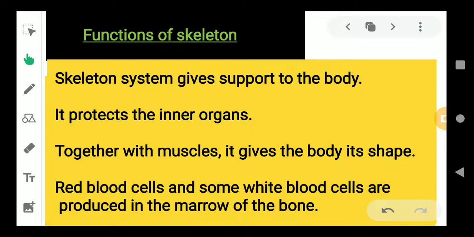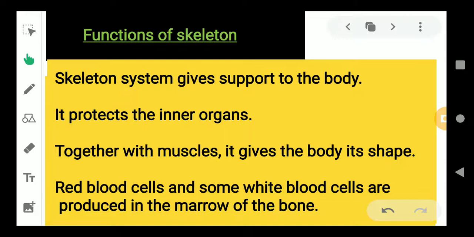And also, RBC or red blood cells and some white blood cells are produced in the bone marrow. So, they are very important.